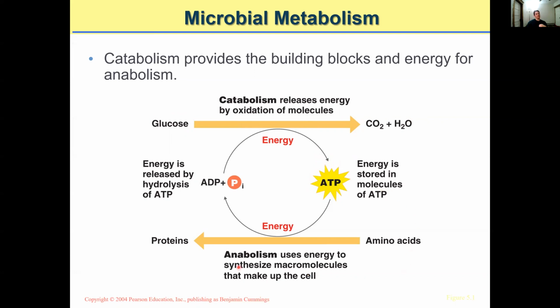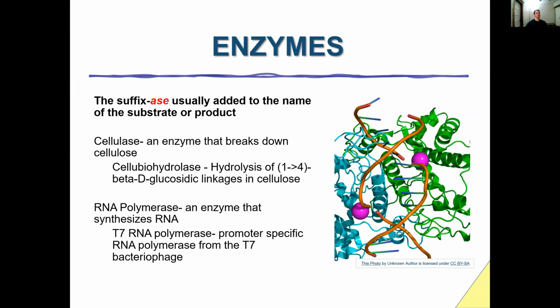On the flip side, anabolic processes often involve dehydration synthesis reactions. These are reactions that release water. I'll show you better detail on this in a second. And they are endergonic, meaning they consume more energy than they produce. So here's the ATP being consumed. The amino acids are then being synthesized into larger protein molecules.